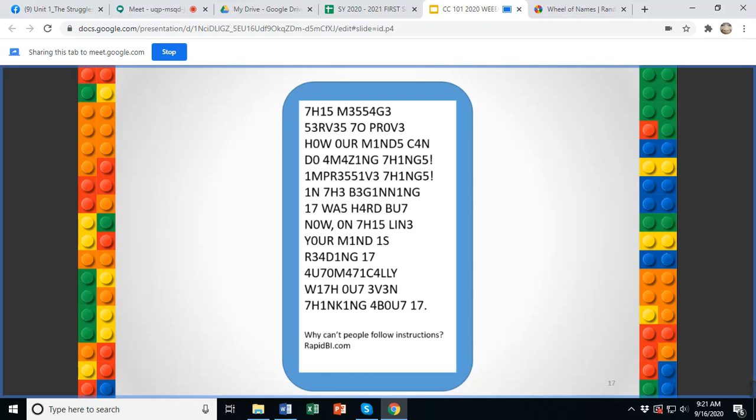In the beginning, it was hard, but now, on this line, your mind is reading it automatically without even thinking about it.